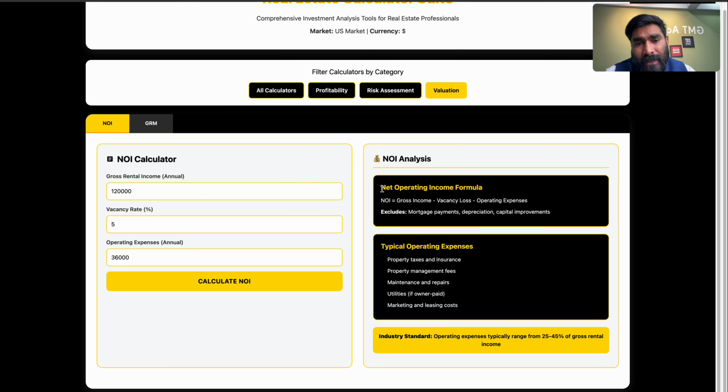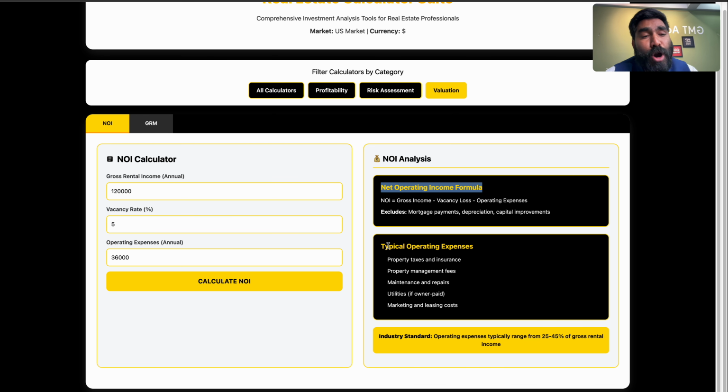All right. How do we calculate net operating income? Gross income minus vacancy loss minus operating expense, right? And this NOI excludes mortgage payments, depreciation and capital improvement.